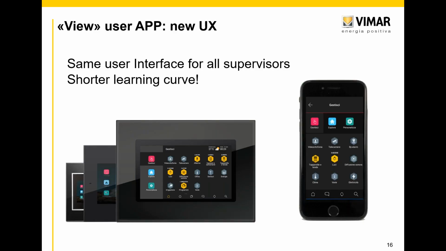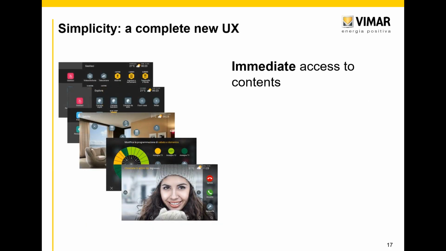In addition, the shape of the icon shows the type of functionality. The hexagon, for instance, that you see in this slide, represents a group of homogeneous functionalities, like the shutters, the lights, the climate, and so on. The round interface shows something, for instance, to activate, to trigger.